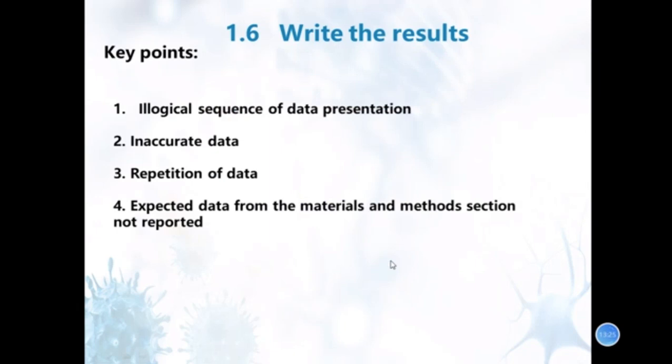And last, just remember in the results part, there are 8 key points. 1. Avoid the illogical sequence of data presentation, and avoid inaccurate data. Pay attention to the repetition of data, and only present expected data from the materials and methods section, not reported data.